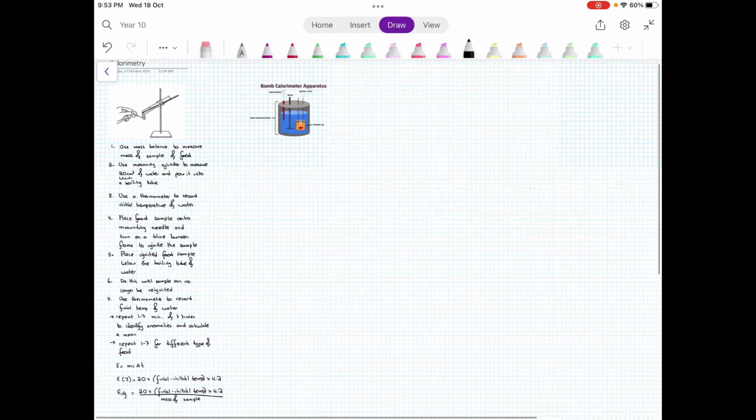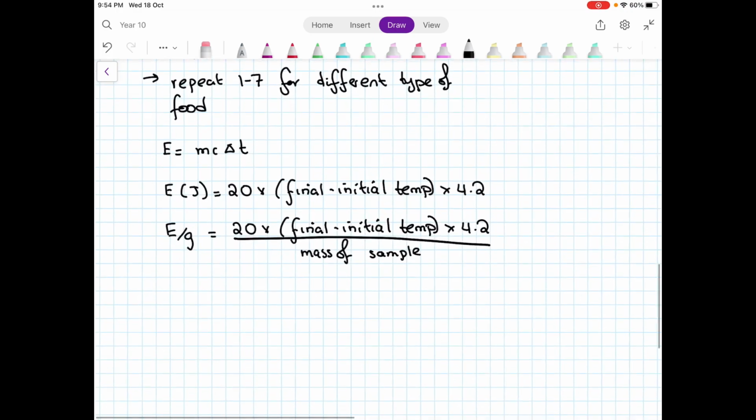So this is the basic procedure for calorimetry, but there are some different downfalls in the procedure.